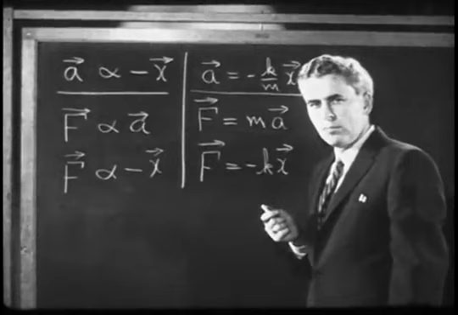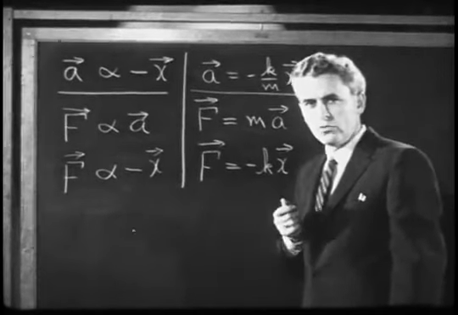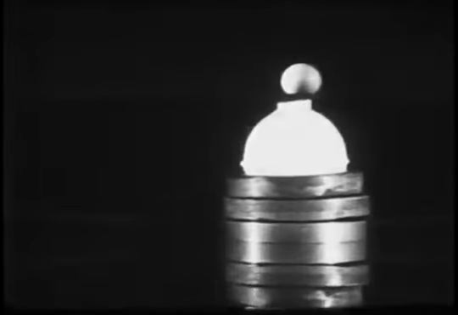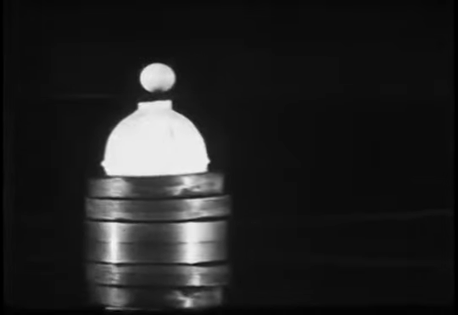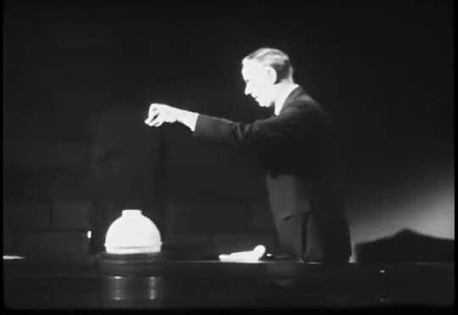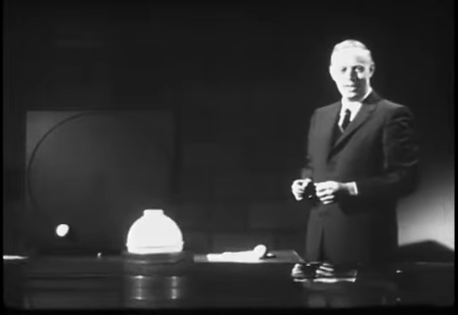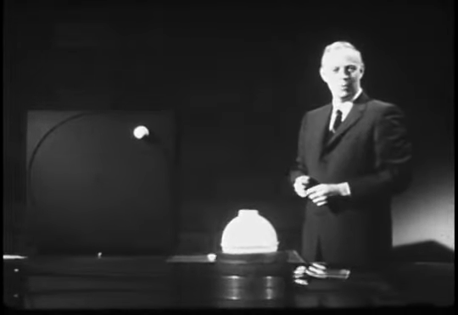We are going to do it by using what you already know about another kind of motion, uniform circular motion. You can see that there's a connection between uniform circular motion and simple harmonic motion.